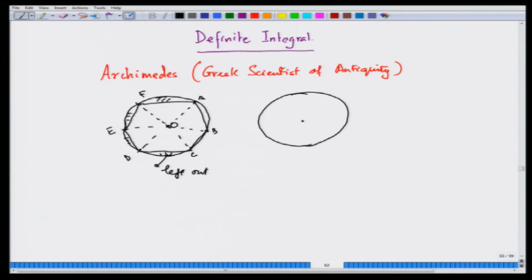Now, on the same circle, I had 6 points here, and now maybe I will make 12: 1, 2, 3, 4, 5, 6, 7, 8, 9, 10, 11, 12. Now I have 12 points, and I am trying to do the same operation. Let us see what happens.